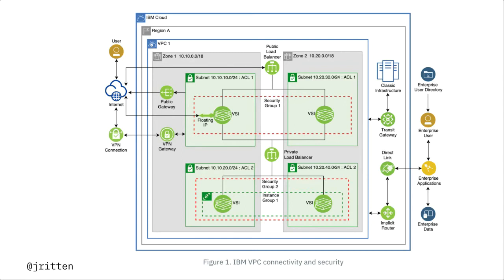To simplify the diagram, we look at the VSI, the virtual server instance, that's your VM. Then we have a security group, that's where you would set your rules. But for demonstration purposes, we are going to stick with subnet, VSI, and floating IP address to make this demo pretty easy.